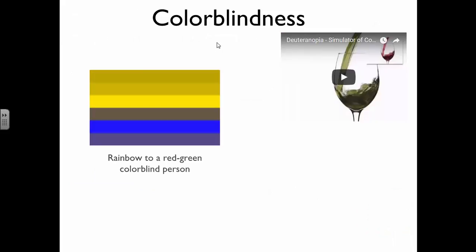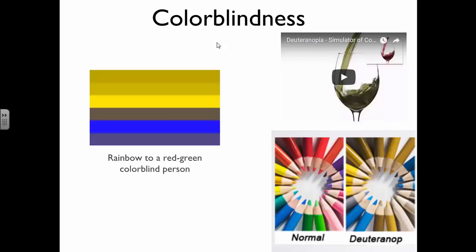This is what a rainbow looks like to a person with one of the most common types of color blindness, red-green color blindness, where basically red and green look like the same color. Here you see the reds and the greens. They all look like this yellowish shade. So they can't distinguish it. You can still tell blue from those other colors, but can't distinguish the red from the green.